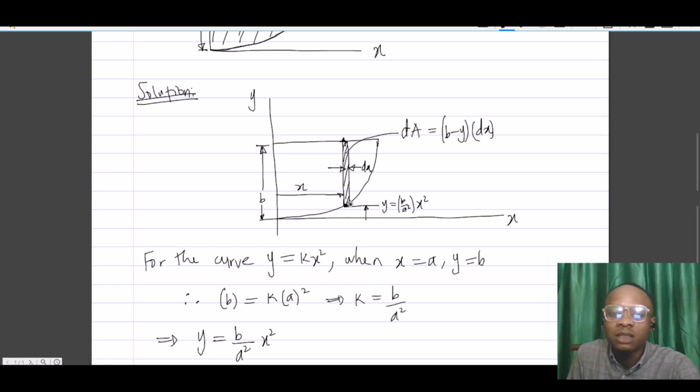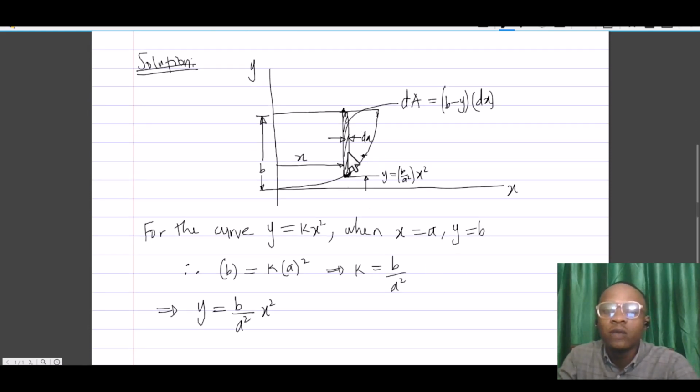If we are here, our y will be bigger, and then our elemental area, if we put an elemental area here instead, will be smaller. But anywhere we are along this, so far we are using this vertical elemental strip, the height of it will be captured by this parameter b minus y. So that's what's important to us. So with that idea, we will now say that we have the elemental area dA.